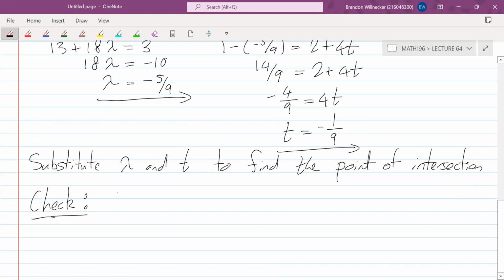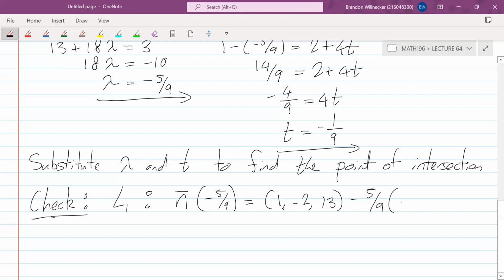Let's do R1. So line 1 is given by R1. We can substitute our lambda value, that's -5/9. And if we do that, we're going to get (1, -2, 13) plus -5/9 times (-1, -2, 18).